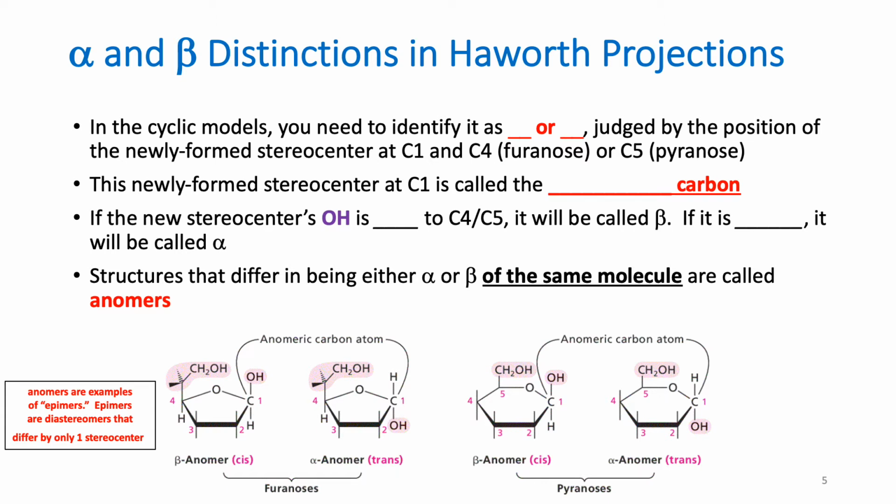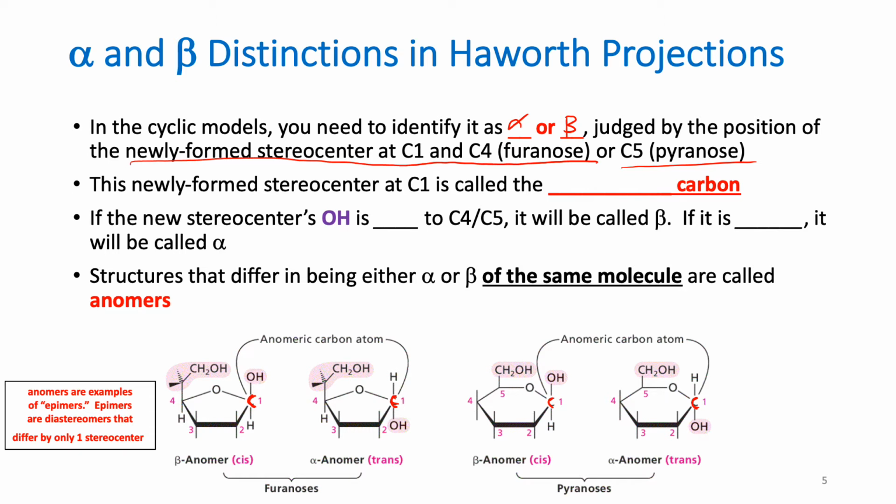So in cyclic molecules, we need to identify it as an alpha or a beta. Okay, alpha or beta, judged by the position of the newly formed stereocenter at C1 and C4 or C5, meaning this carbon that I'm hinting at in red. Okay, that's what judges whether it's alpha or beta. And then you're also going to look at the carbon just to the left of the oxygen in the ring.